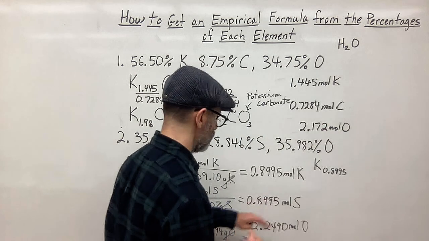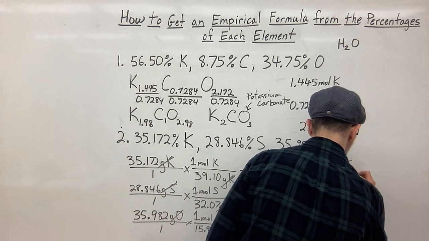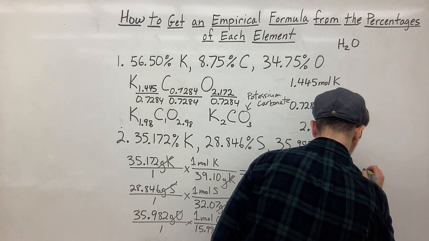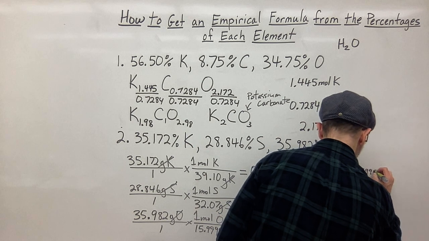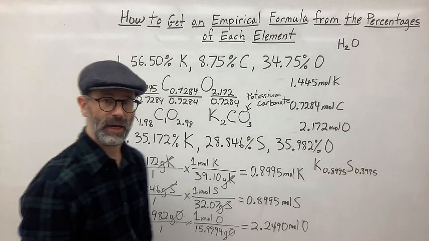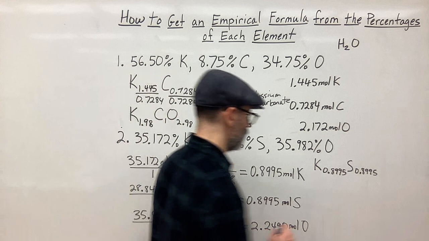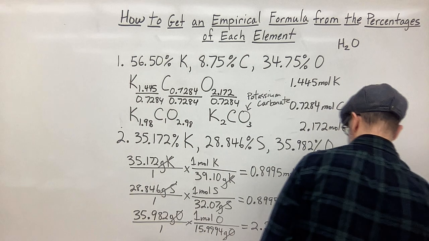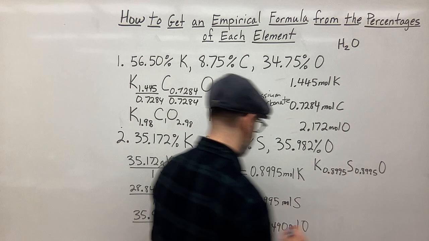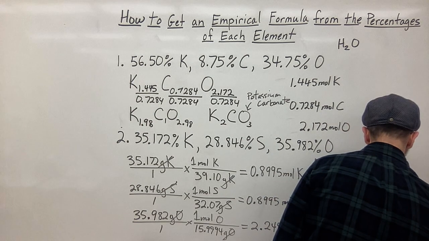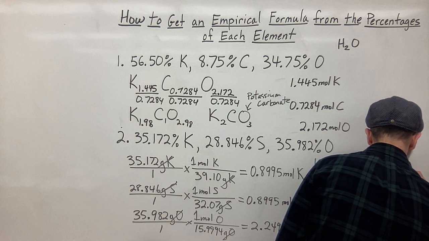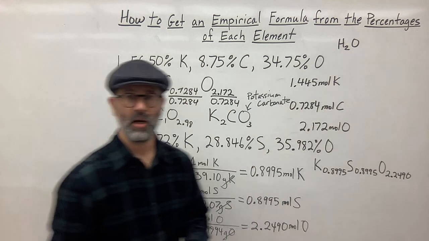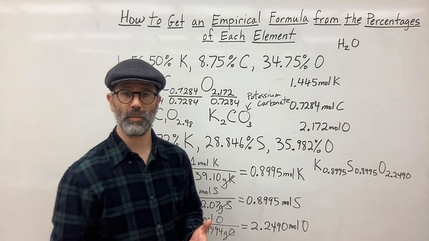And then I've got sulfur, that's also going to be 0.8995. And then finally I got the oxygen, and it's going to be 2.2490. Okay, so there's my pseudo formula.